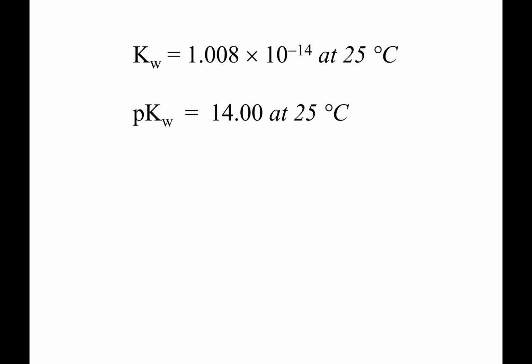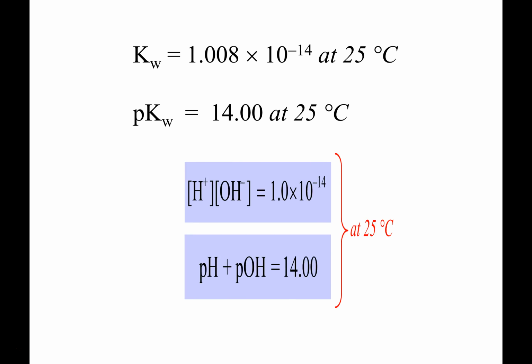So Kw at 25 degrees Celsius is 1.008 times 10 to the minus 14. And again, you're going to see me with the coefficient go with 1.0, 1.00, 1.01. And if we apply the P function to that, just now you guys told me your pKw is 14.00.